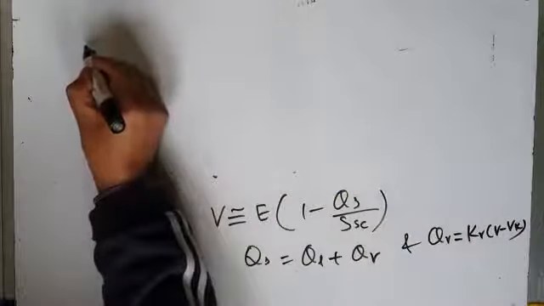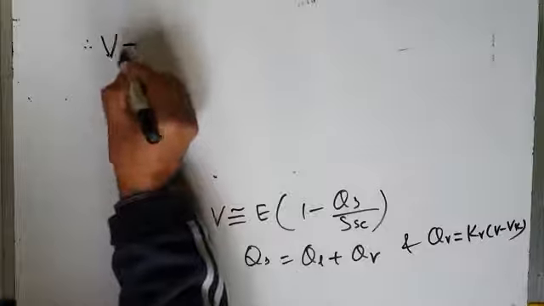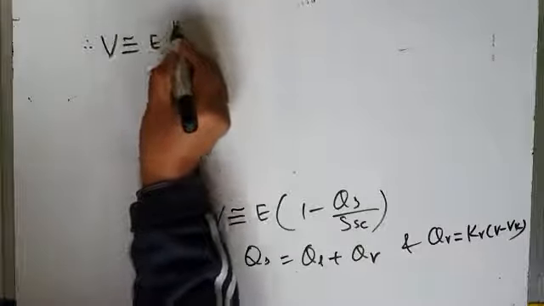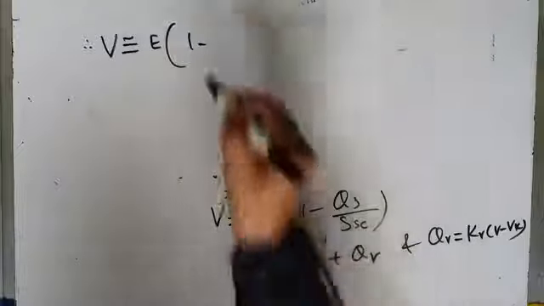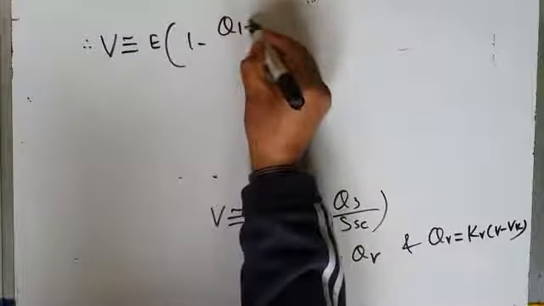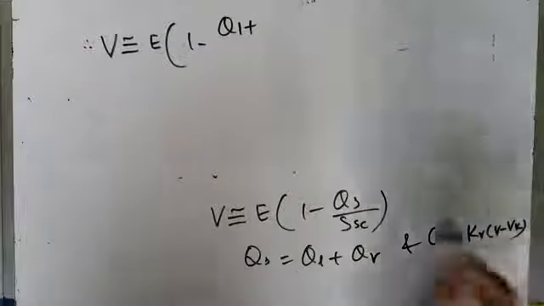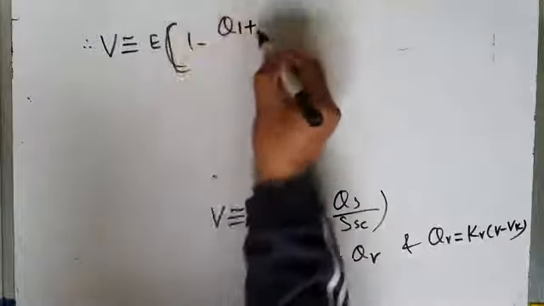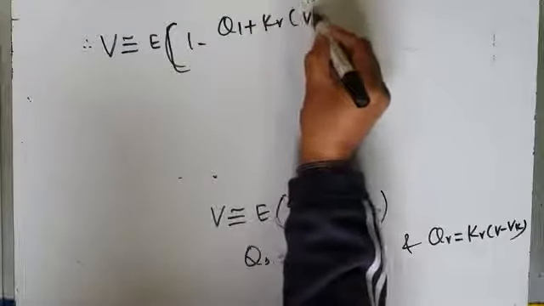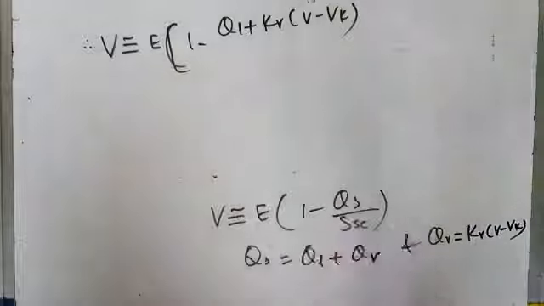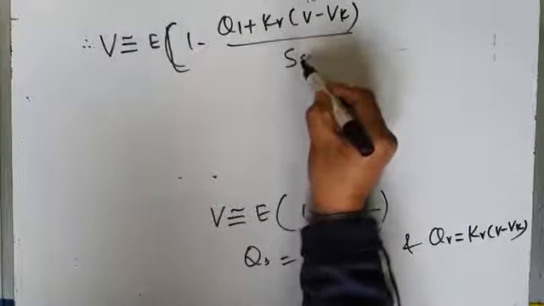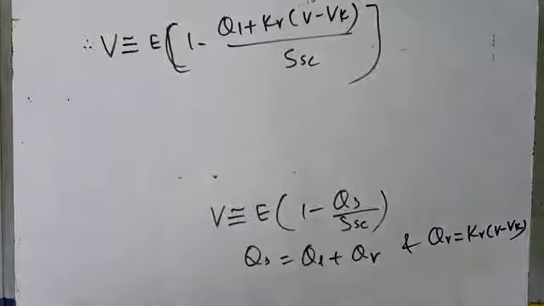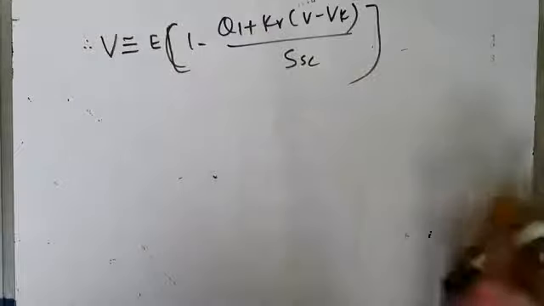Therefore, we will get load bus voltage approximately equal to E times 1 minus Qs, where Qs is QL plus Q gamma, but Q gamma is K gamma times V minus Vk, divided by SSC. So we can further simplify it.